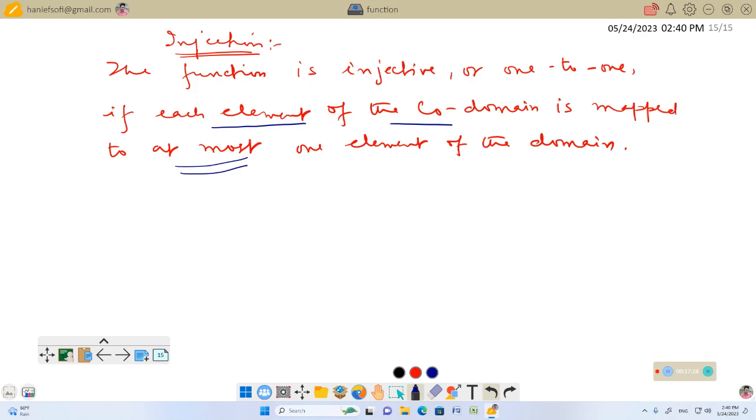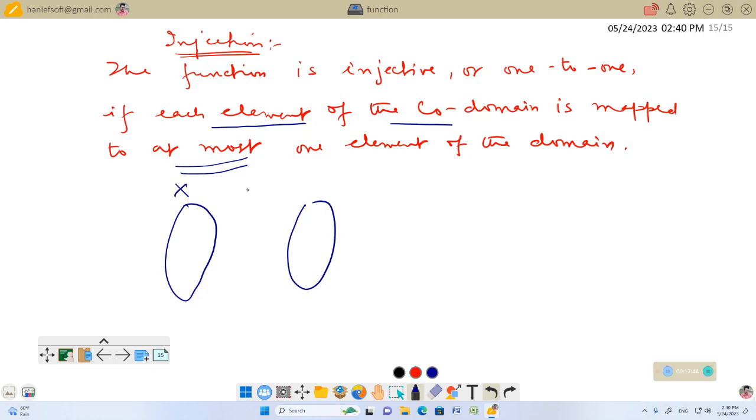For example, if I show a function this way, there is some correspondence represented this way.